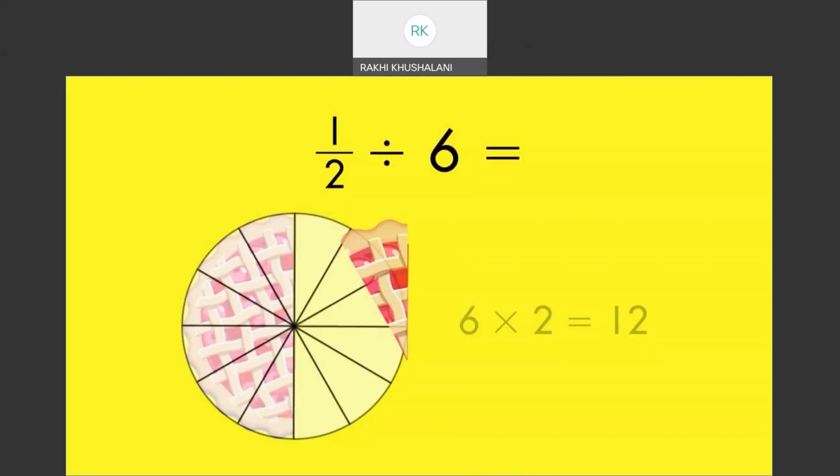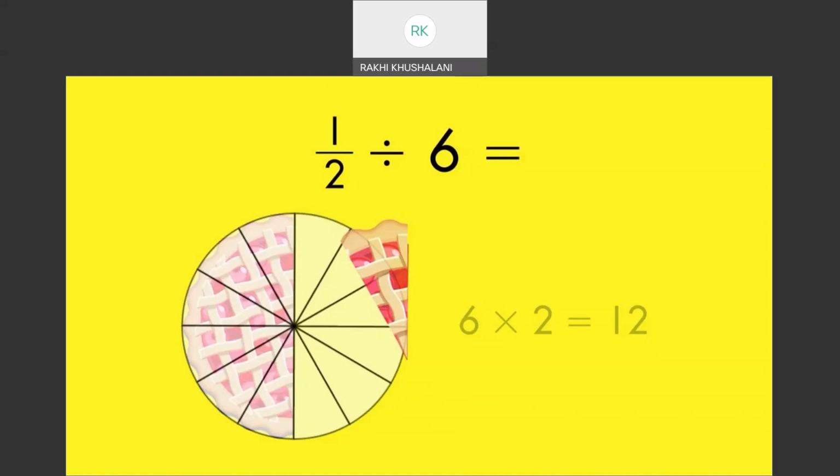Suppose there is a circular waffle with me, and I divide it into 2 equal halves. 1 by 2 is half, okay? And then I'm telling you to divide it into 6 equal parts. Division, you know, it means dividing into 6 equal parts. So, divide into 6 equal parts, meaning the 2 half equal parts you made, each part you will divide into 6 equal parts.